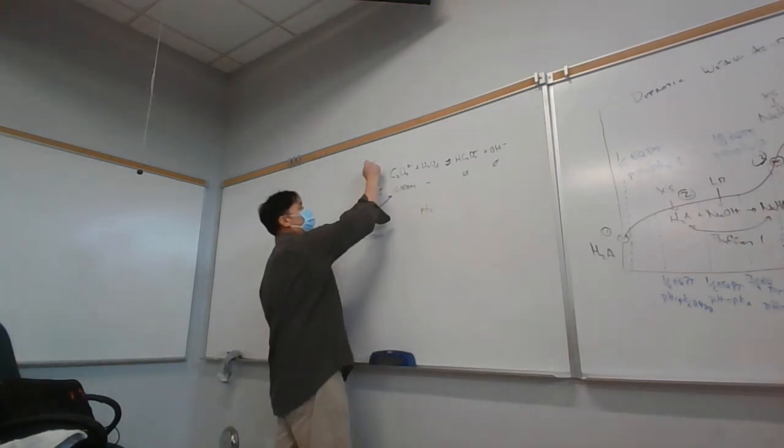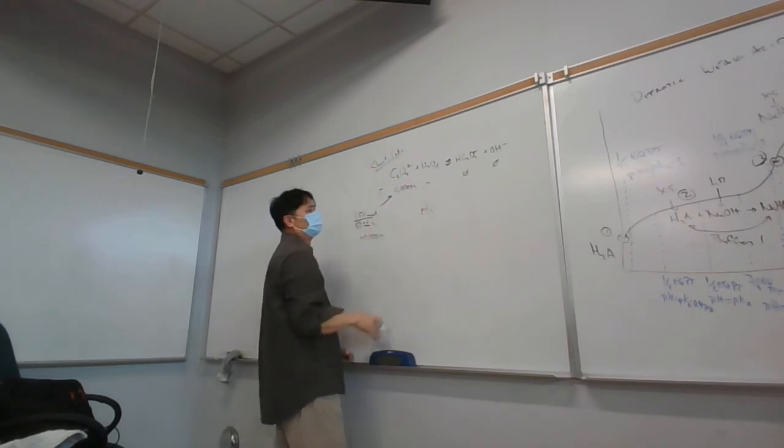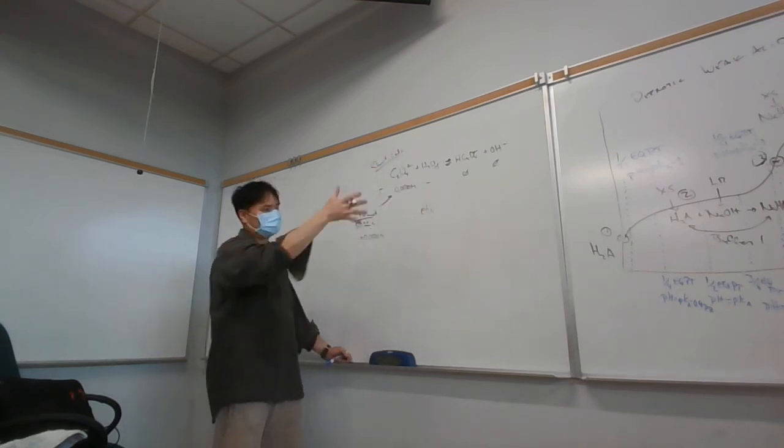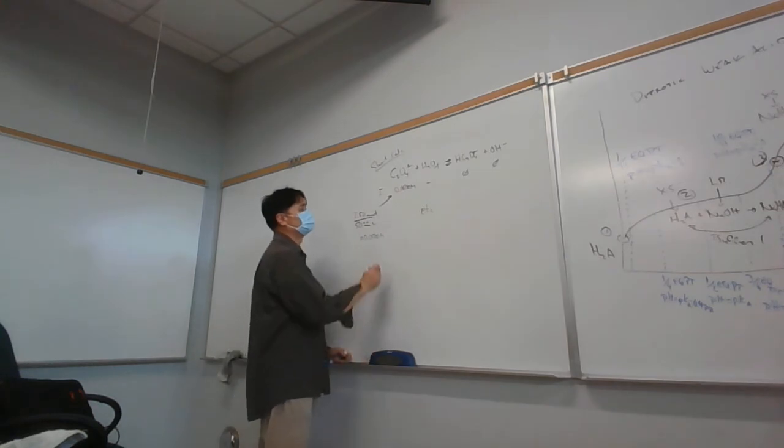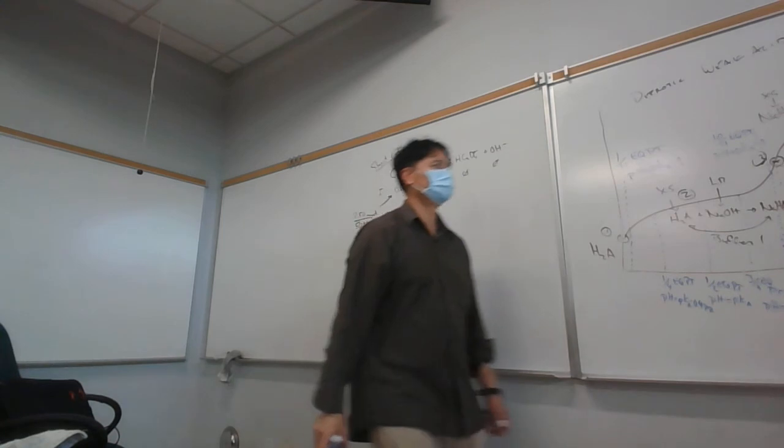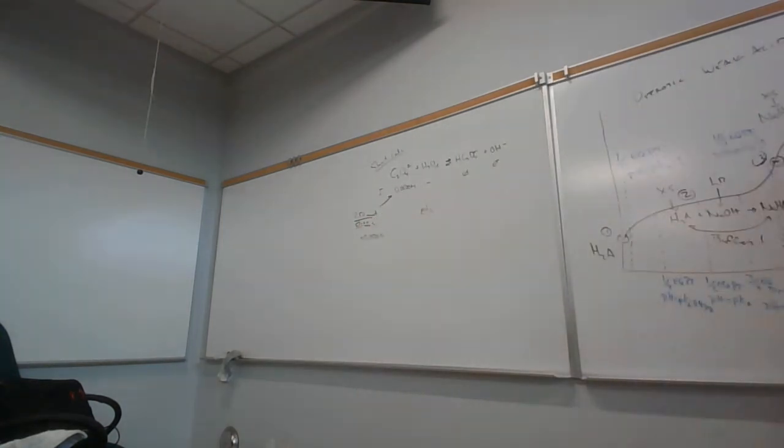So this is the short calculation, and it involves having to recognize certain things. But the long calculation is the same for all points in the titration. So let's look at the long calc.